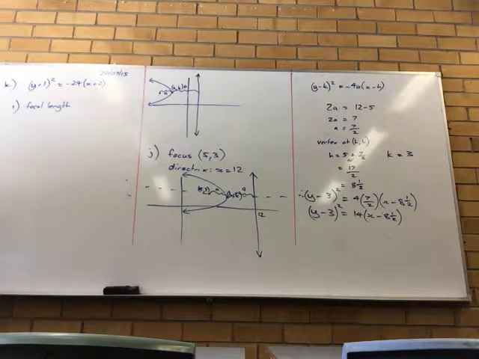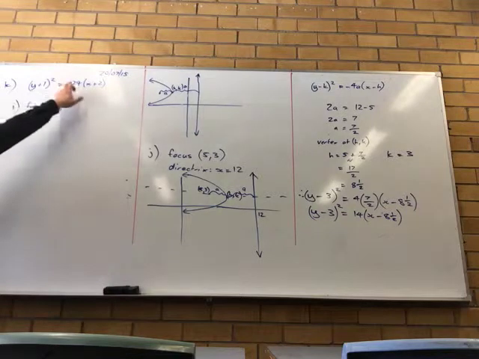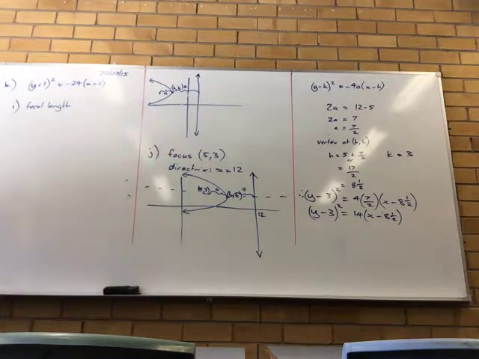a. So you need to be able to look at that equation and at least tell me how the parabola lies on your number plane. Alright, so the y squared, the y is the term that is squared, so it's going to be opening out to the side. Alright, and then the negative 24 tells me that it opens in the negative x direction.